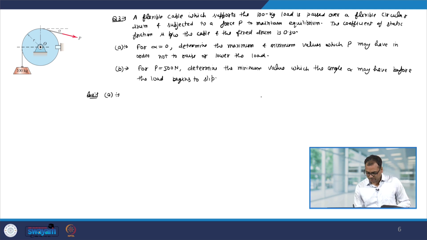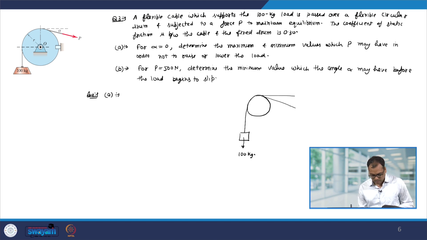So, we have a drum and with this 100 kg mass is suspended and it is held by a force P and this angle is alpha. So, initially it is given that alpha is equal to 0.